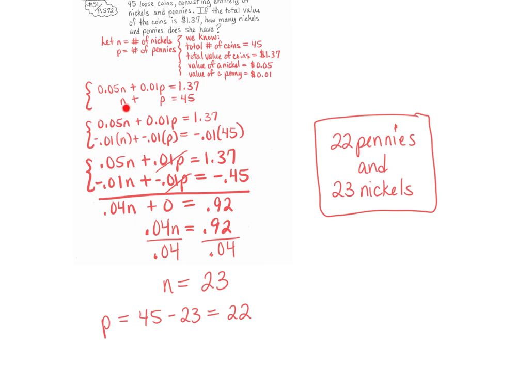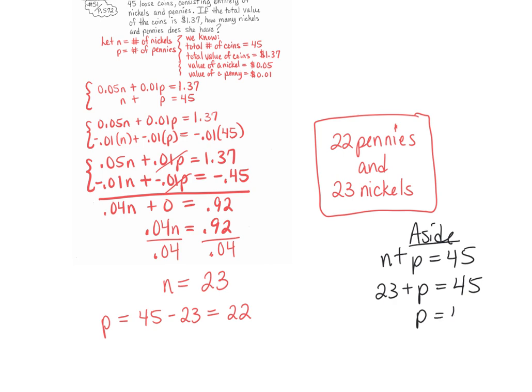So you have N plus P equals 45, then 23 plus P equals 45, or P is equal to 45 minus 23. This is an aside to answer your question. What other questions do you have?